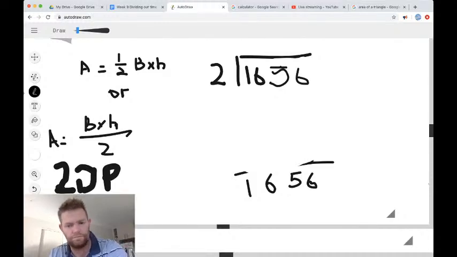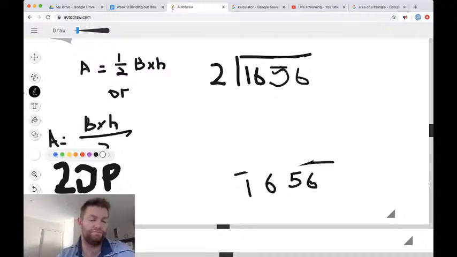I'm going to break this into its place value because that's the easiest way to solve this problem. So you know that 2 goes into 1600.